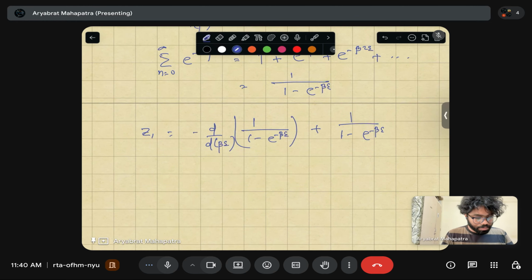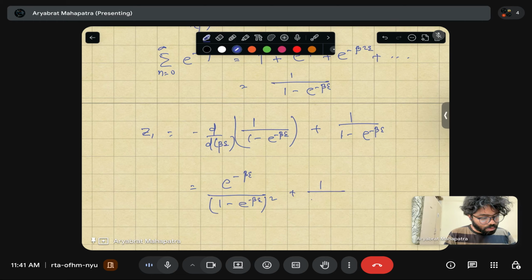If you take the derivative with respect to beta epsilon, it would be exponential of minus beta epsilon over 1 minus exponential of minus beta epsilon, the whole squared, plus 1 over 1 minus exponential of minus beta epsilon.